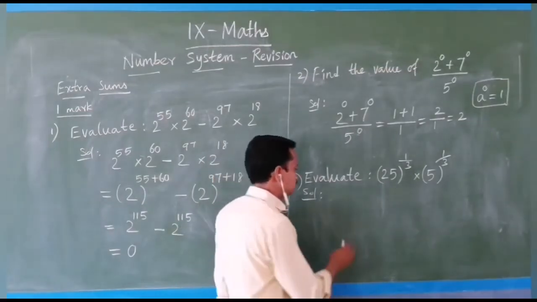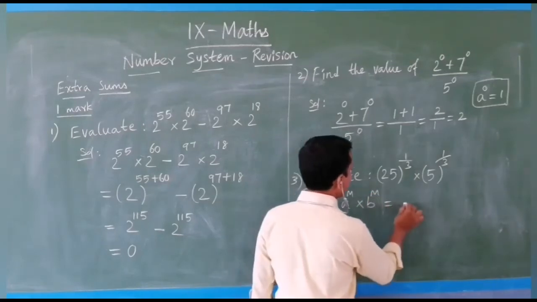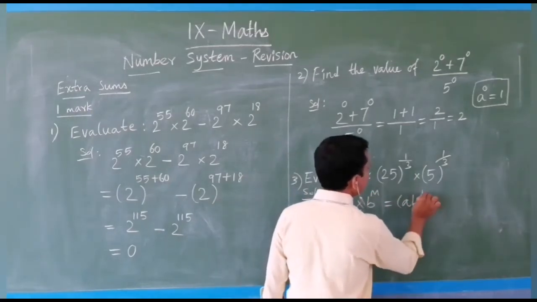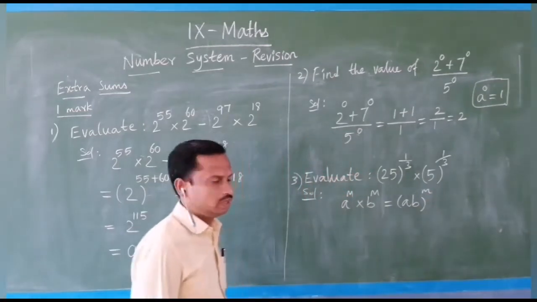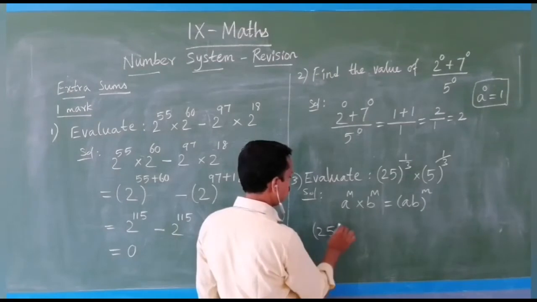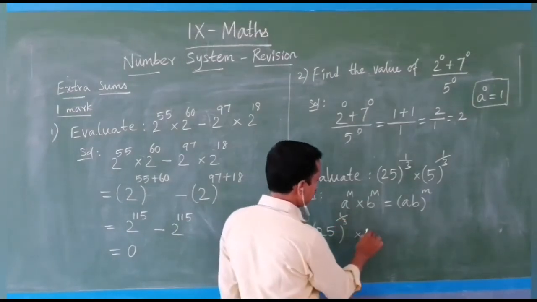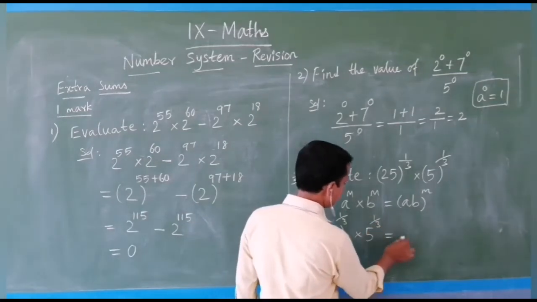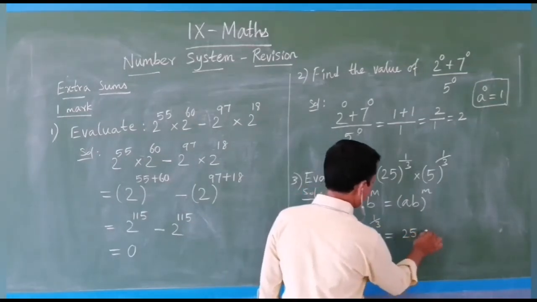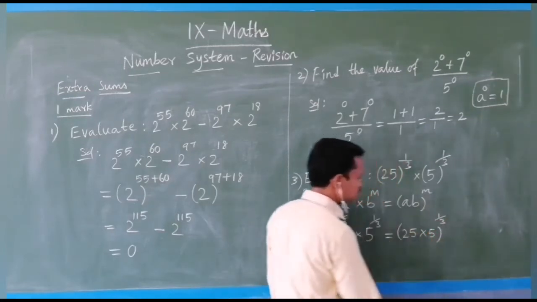So it is like a power m into b power m equals a into b whole power m. So you have to apply this law. As per that, 25 to the power 1 by 3 into 5 to the power 1 by 3 is nothing but 25 into 5 whole to the power 1 by 3.